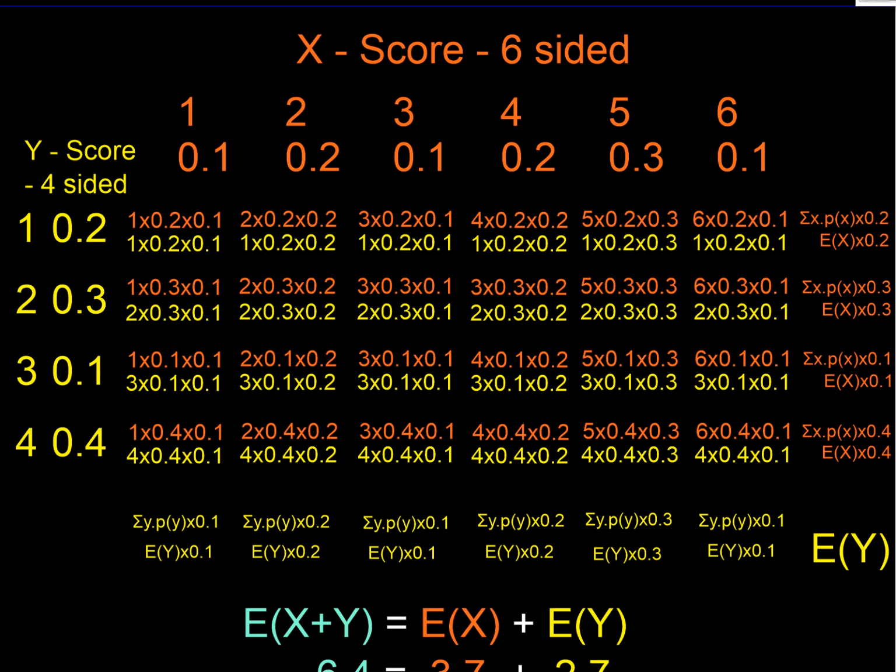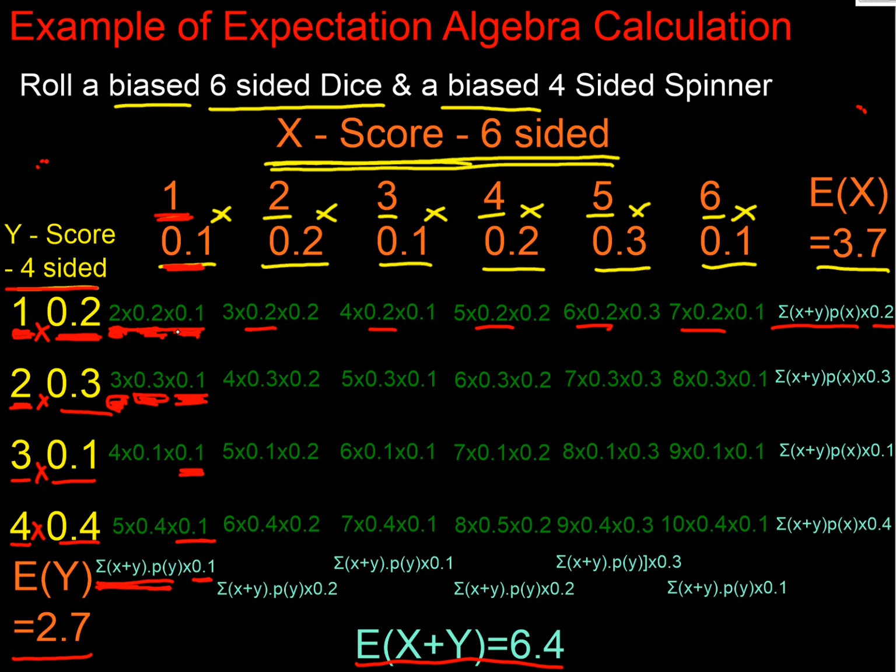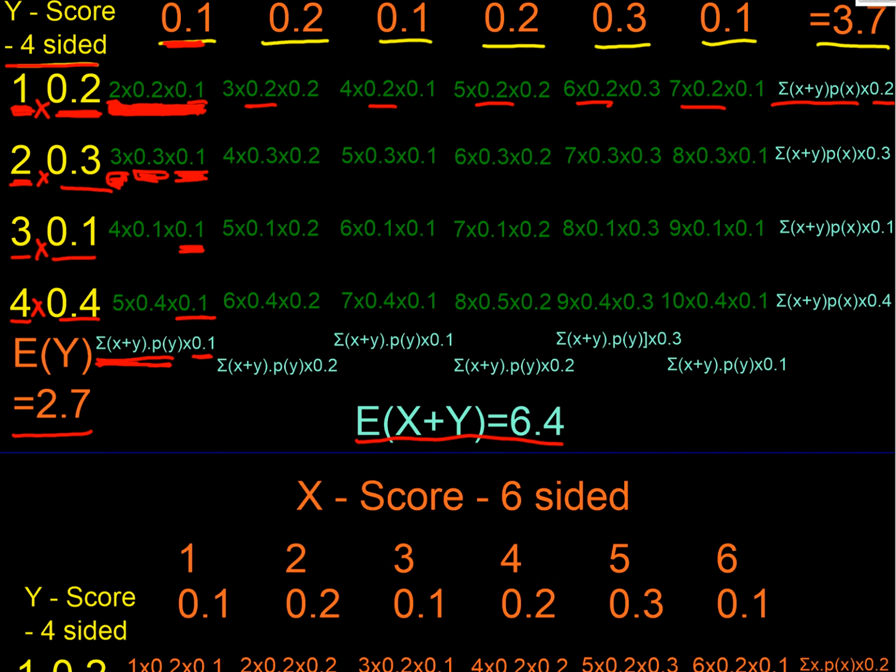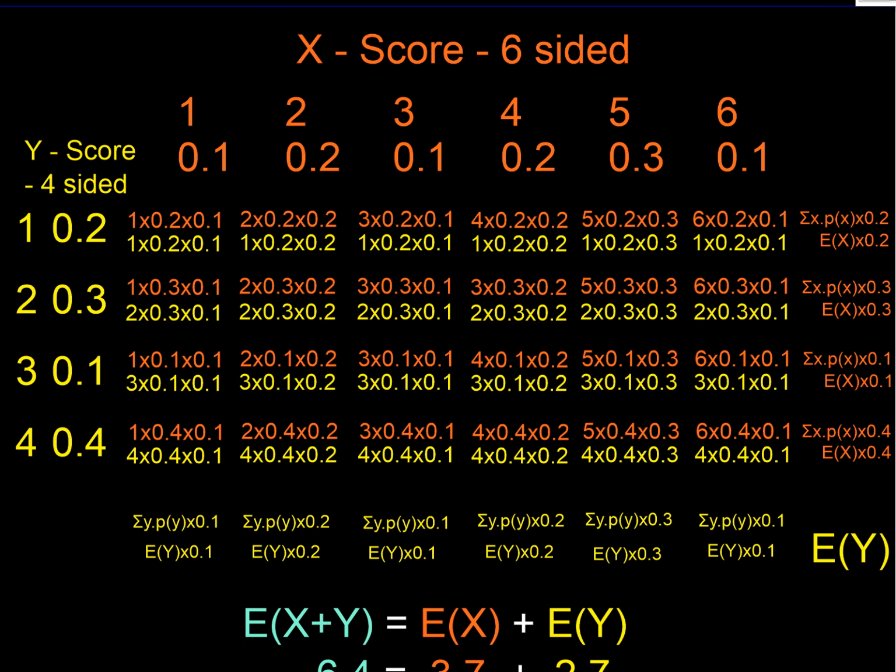Now, let's take this top corner calculation here. Our overall score of 2 is made up of the 1 from the six-sided dice and a score of 1 on the spinner. There's our 2, and there's our 2 probabilities. Now we could actually break that number up into 2 separate calculations.